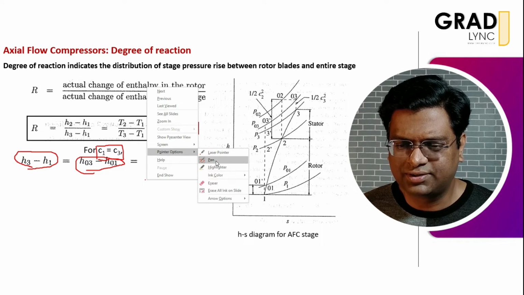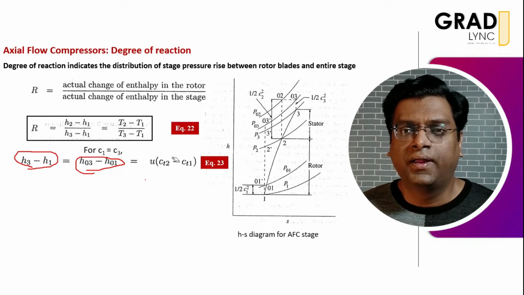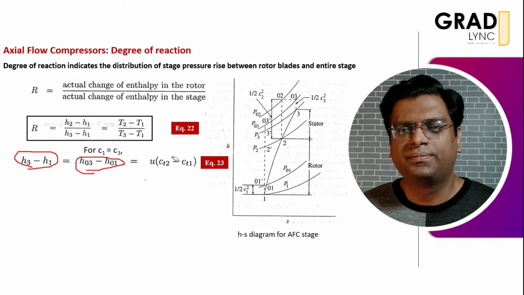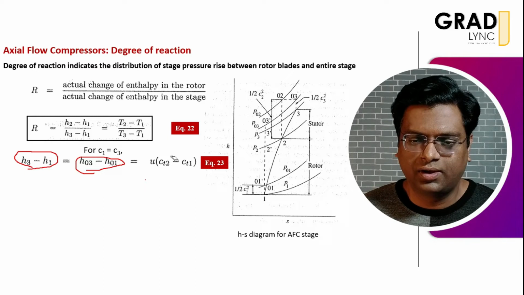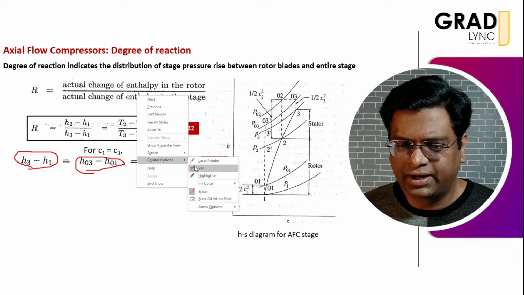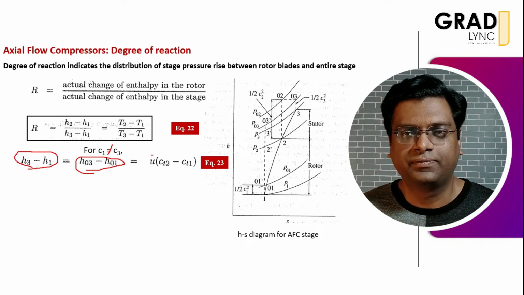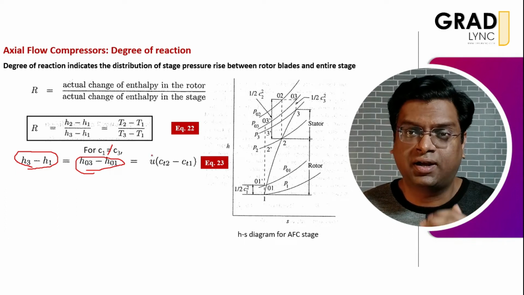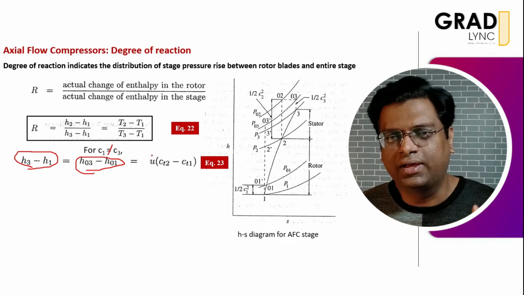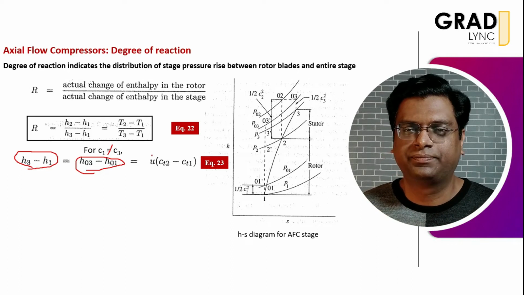This is a very interesting concept to understand. This is the case only when the inlet guide vanes are absent, because if inlet guide vanes are present, C1 is not equal to C3. So please remember this. The absolute velocities are assumed to be constant only if inlet guide vanes are absent.